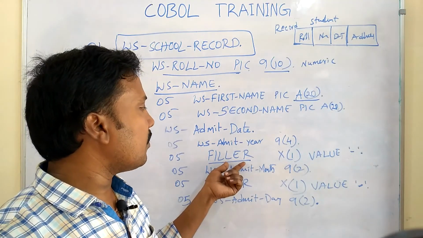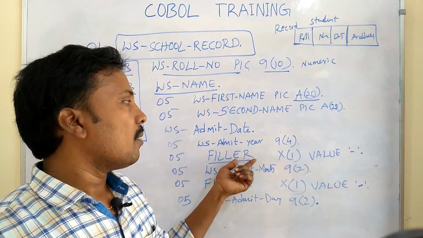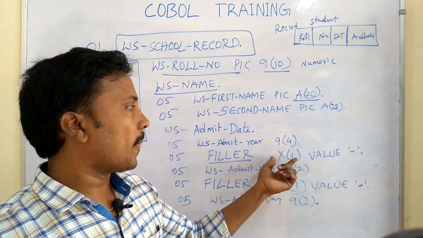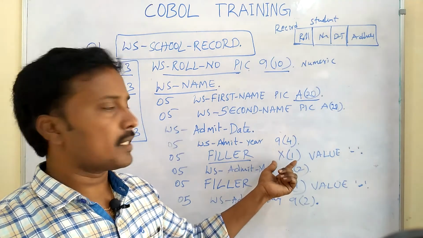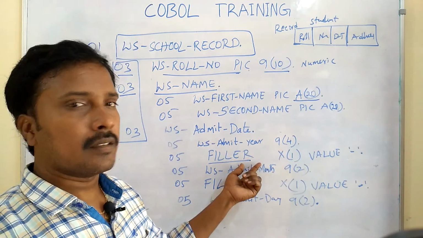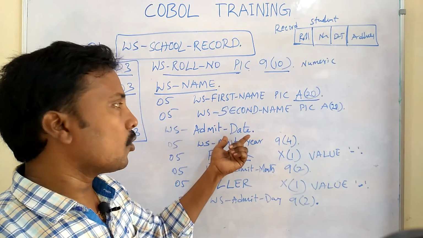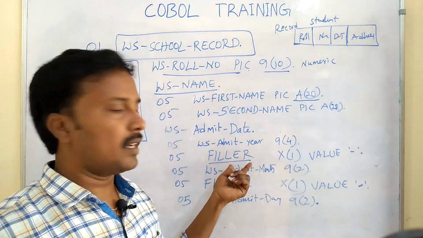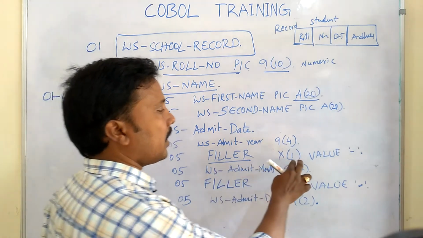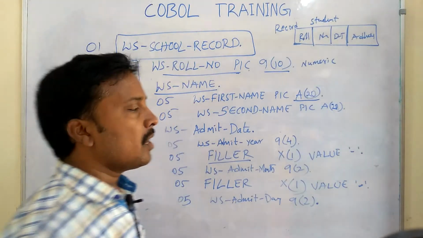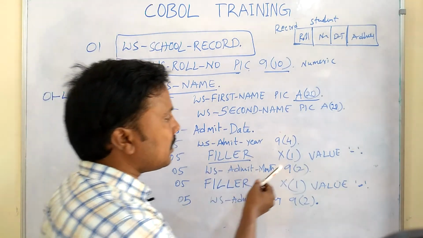Whenever we don't want to use a name but want to use it in a group record, we can mention a filler under that group variable.